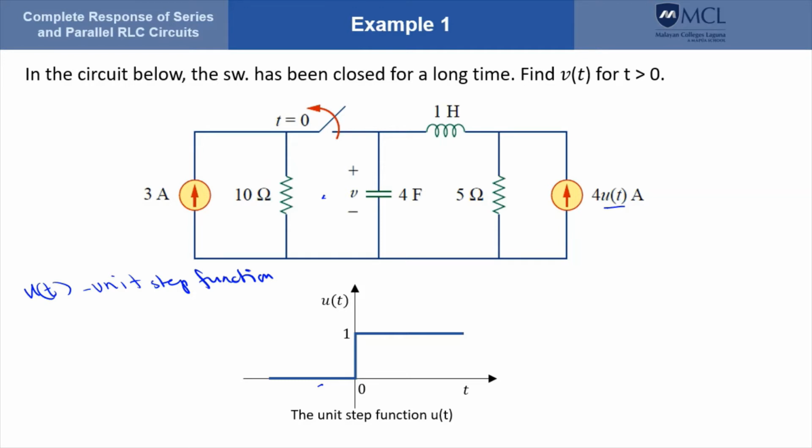So u of t really means that this is equal to 0 for t less than 0 and equal to 1 for t greater than or equal to 0. Now let's proceed in finding the voltage V sub C of t for t greater than 0.